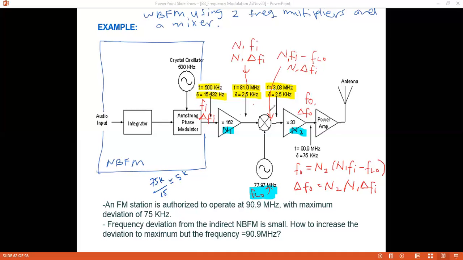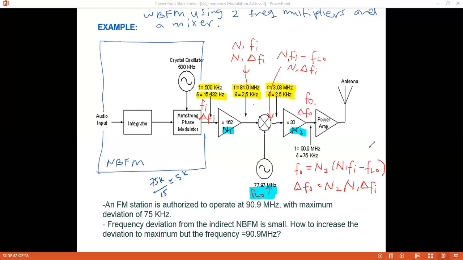So the main purpose of the mixer is to downgrade the frequency, but the frequency deviation is fixed. After the second multiplier with factor N2, the output here is equal to N2 times (N1 Fi minus FLO), and the delta FO is N2 N1 times delta Fi.